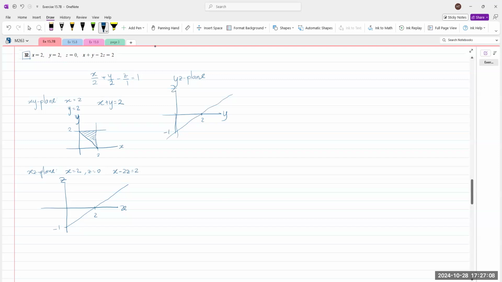So in 3 dimensions, what will that be then? x equals 2, y equals 2, and then x plus y equals 2. So this is x, y, z.